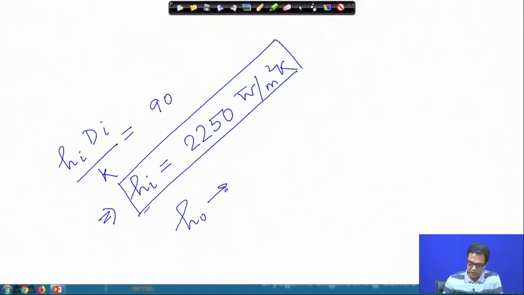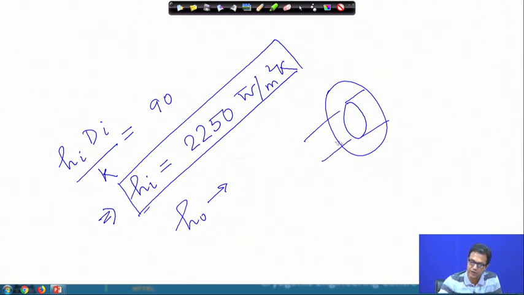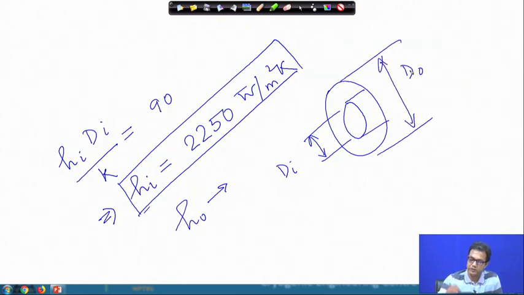So, what is that annulus passage? The annulus passage is just like this, where we have the internal diameter di, and this is d0. For this case we need to find out what the heat transfer coefficient is.